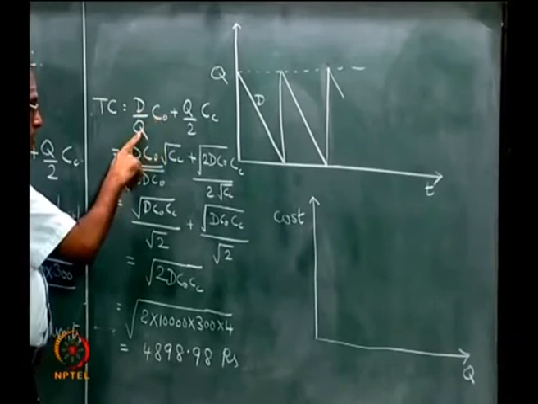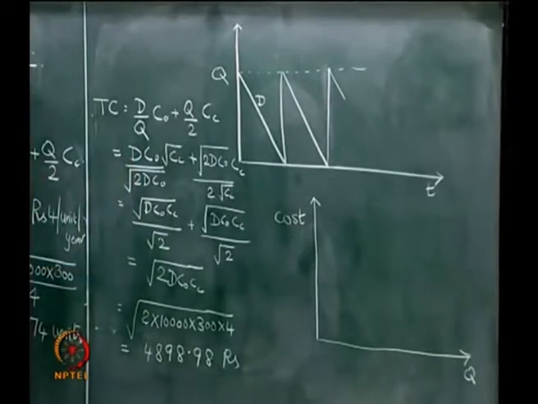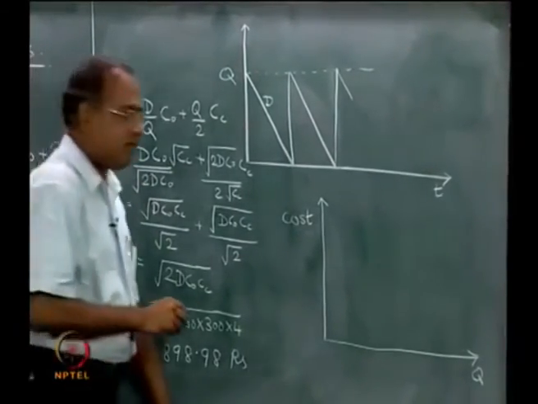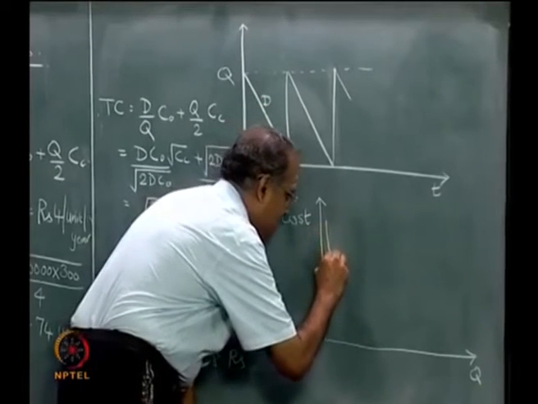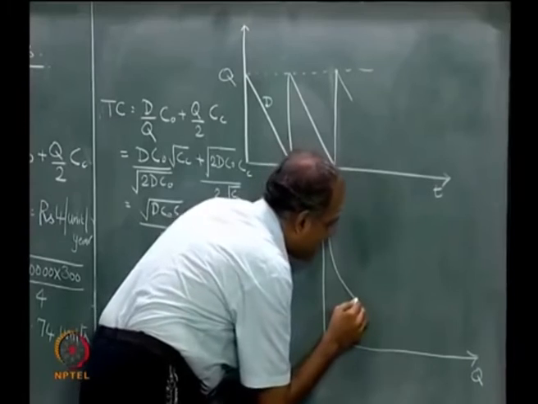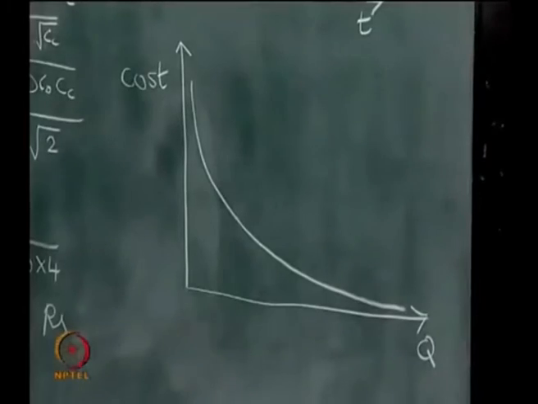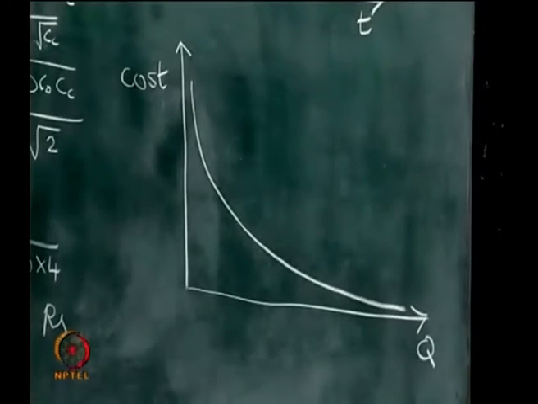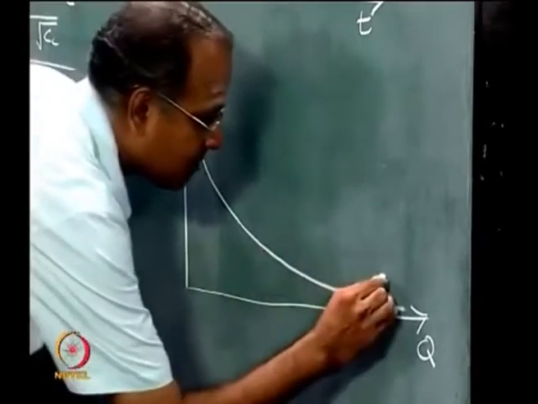D and C naught are known, Q is the unknown. So, it is constant divided by Q. So, when we draw this, the curve will be like this. This will be the order cost curve, it will be a rectangular hyperbola which will show this D by Q into C naught. This is the order cost.